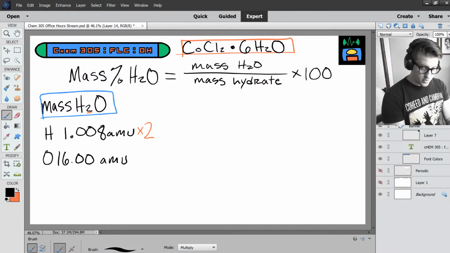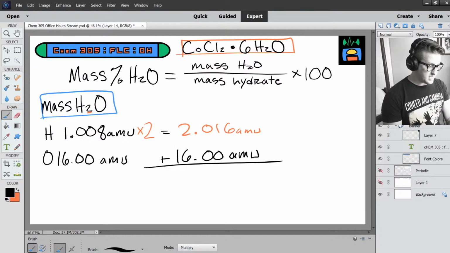All right, so this will give us 2.016 AMU plus 16.00 AMU. You add these together and you get 18.02 after rounding, right?